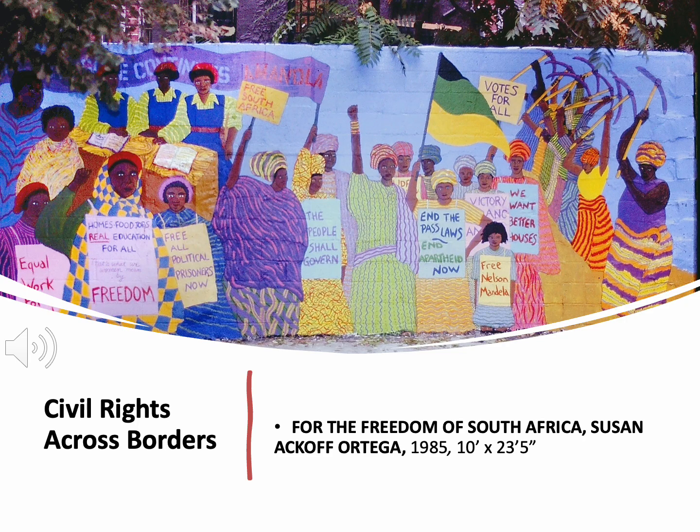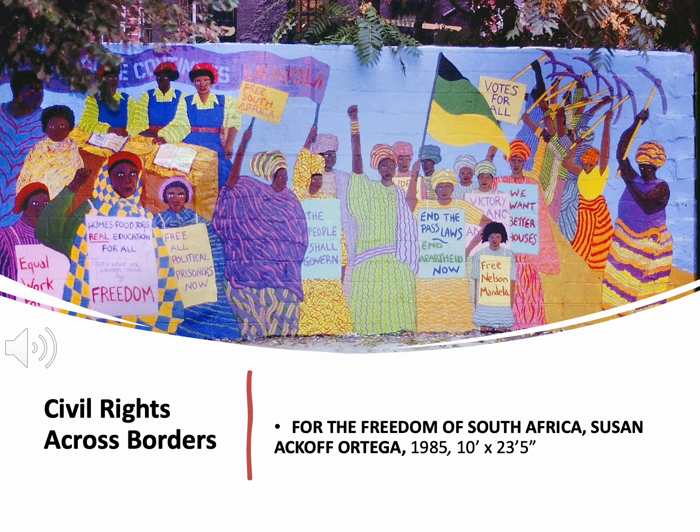In 1985, artist Susan Ackoff Ortega completed for the freedom of South Africa a vibrant 10 feet by 23 feet 5 inches mural in Manhattan's La Plaza Cultural La Lucha Mural Park, created in partnership with the Art Against Apartheid campaign.